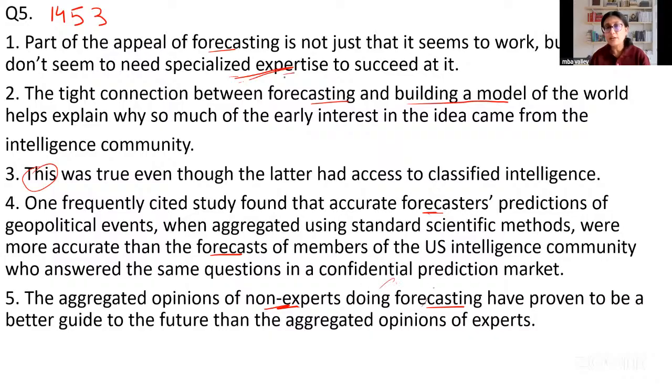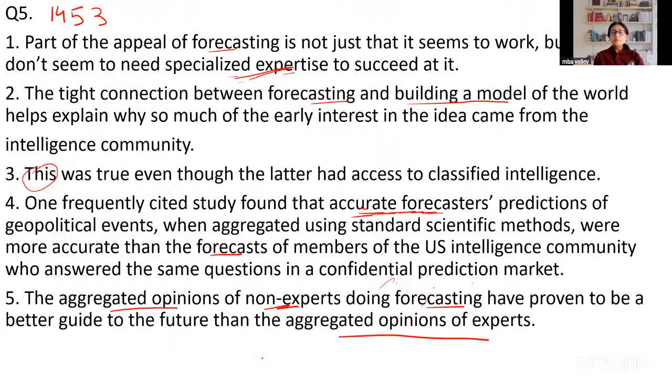Predictions of geopolitical events when aggregated, meaning put together, using standard scientific methods were more accurate than the forecasts of members of the US intelligence community who answered the same questions in a confidential prediction market. Okay? And then 5 says the aggregated opinions, aggregated meaning summed up opinions, of non-experts doing forecasting have proven to be a better guide to the future than the aggregated opinions of experts.